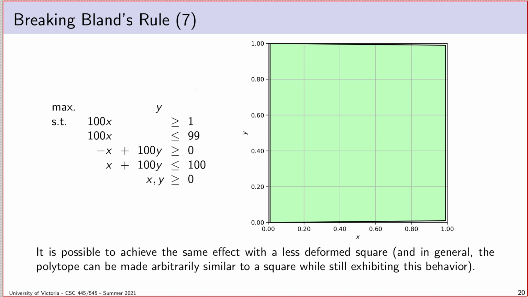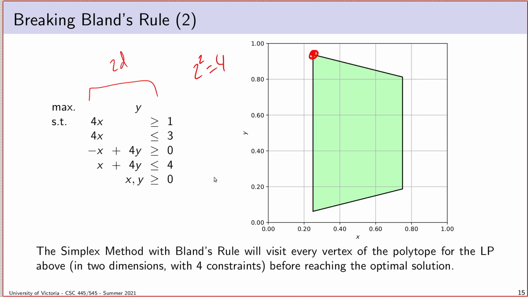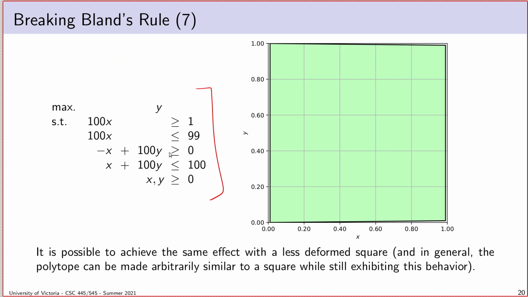If we compare the structure of these, notice how it's 4x and then 1, 4x and then 3, and then 4 and then 0 and 4. Here I've got 100x and 1, 199, and then 100 and 0 and 0, and 100 and 100. So you can see there are some similarities in the construction. By adjusting these coefficients, I can make the feasible region asymptotically approach the unit square, but just a little bit deformed.